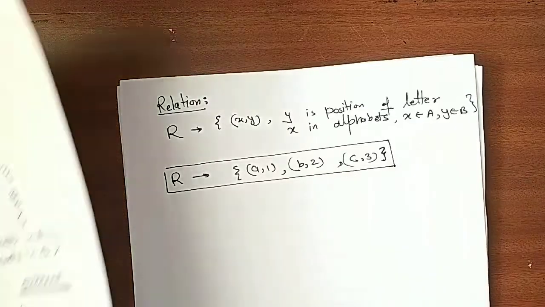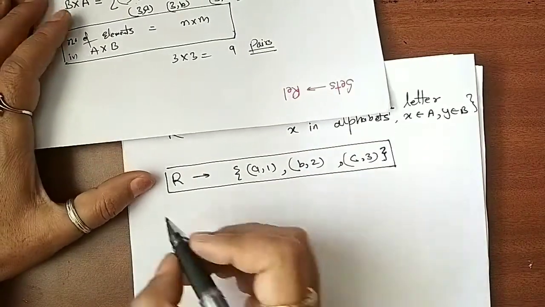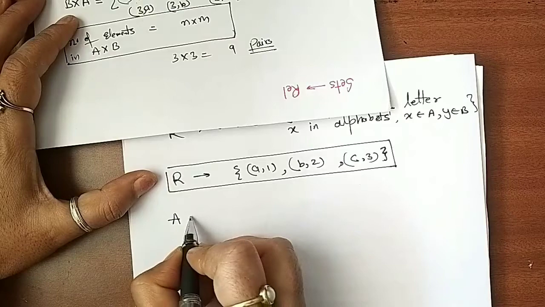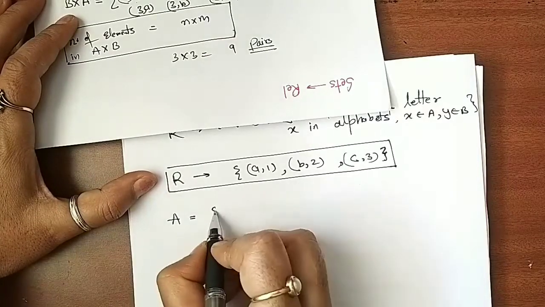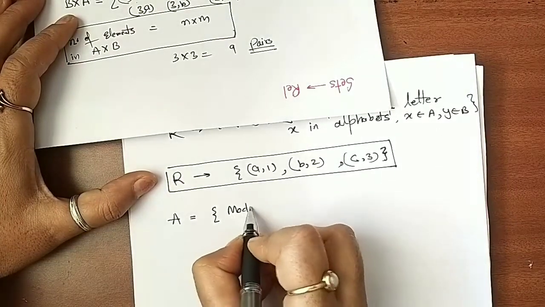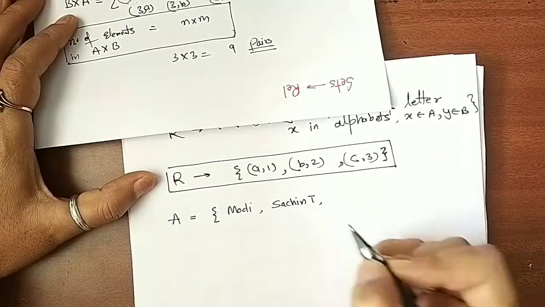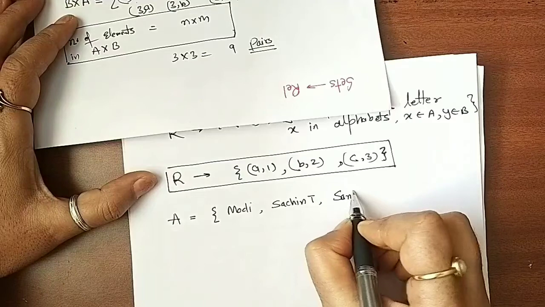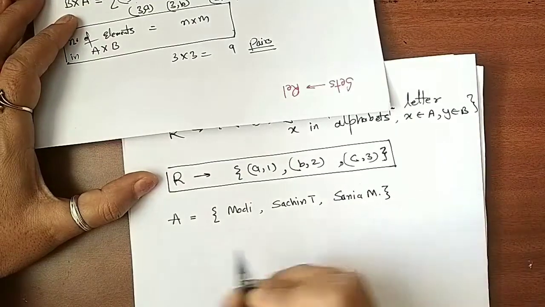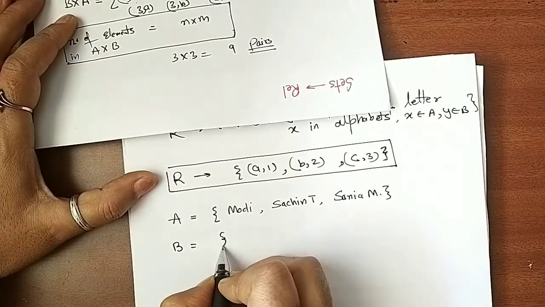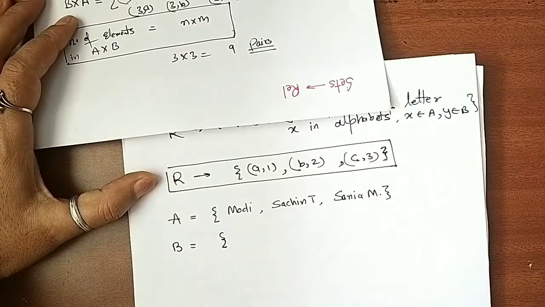For example, let me take one more example. Suppose I have made set A which has, say, Modi, Sachin Tendulkar and Sania Mirza. And you have made one more set of 3 activities.